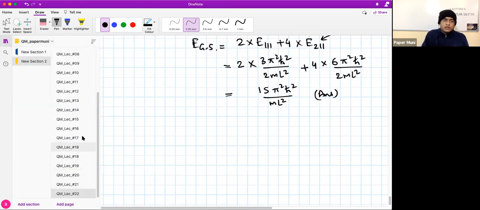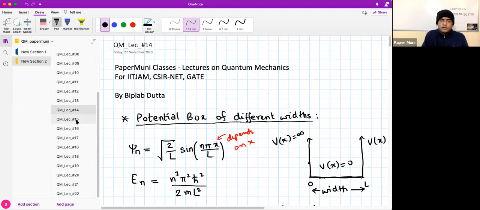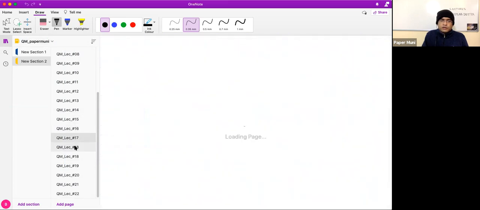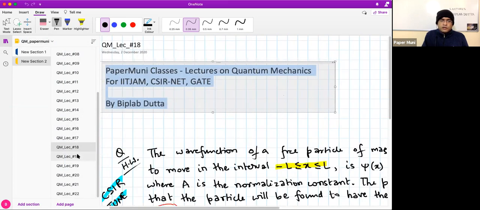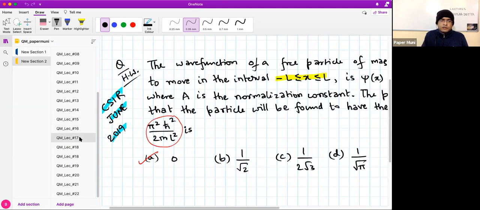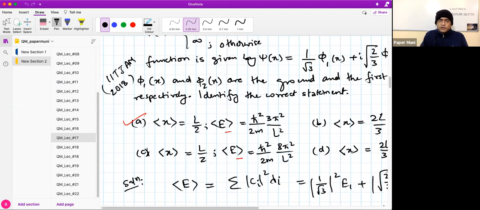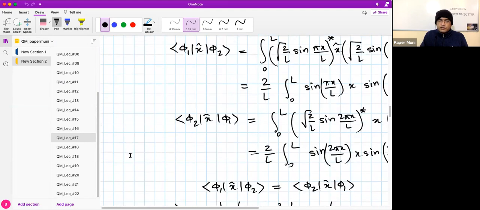Which lecture was it? Do you remember that? Which lecture was the question from? So this is the 3D box. Can anybody help me with this? Which lecture it was from? I don't exactly remember.